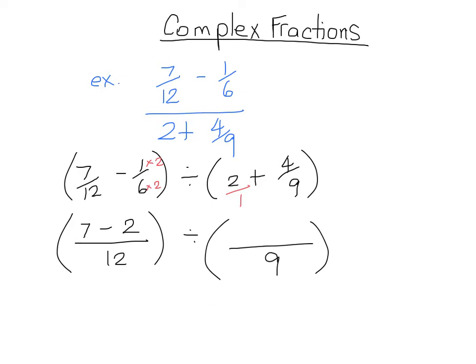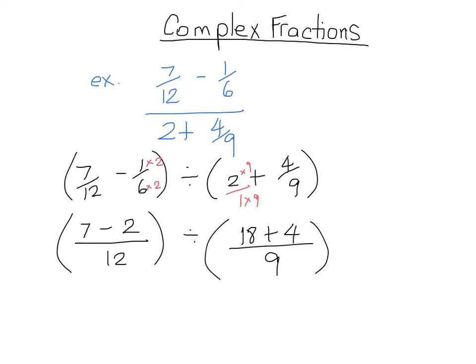Now to get that 1 up to 9, we need to multiply by 9. And whatever we do to the bottom, as you know, we also have to do to the top. So on the right side, we have 18 plus, now this is already over 9, so we don't have to change that 4. So we have 4.